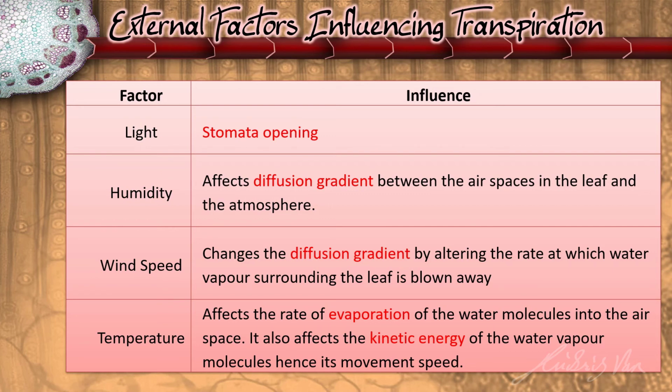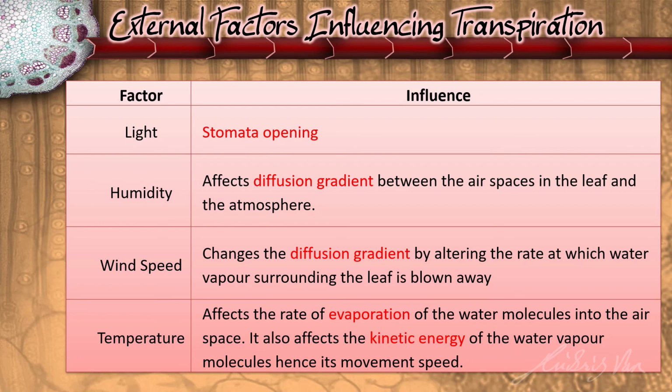As for wind speed, it changes the diffusion gradient by altering the rate at which water vapor surrounding the leaf is being blown away. So it will help to maintain a steep concentration gradient. As for temperature, it affects the rate of evaporation of water molecules into the airspace.